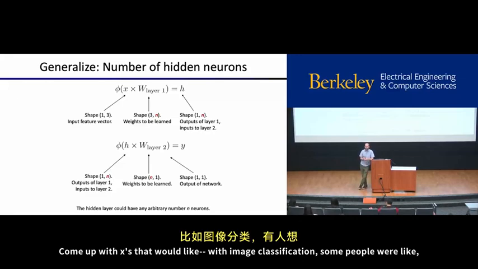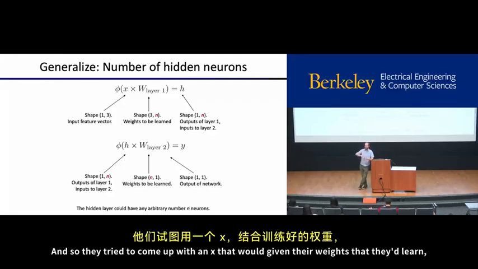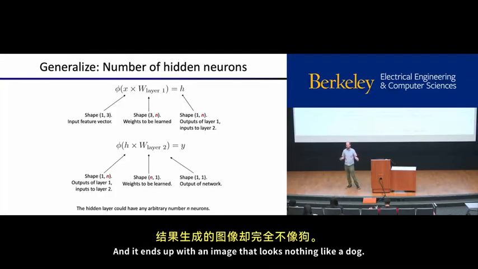With image classification, some people asked, what's the most dog-like image? They tried to come up with an x that, given their learned weights, would produce a really certain output that this is definitely a dog. And it ends up with an image that looks nothing like a dog.